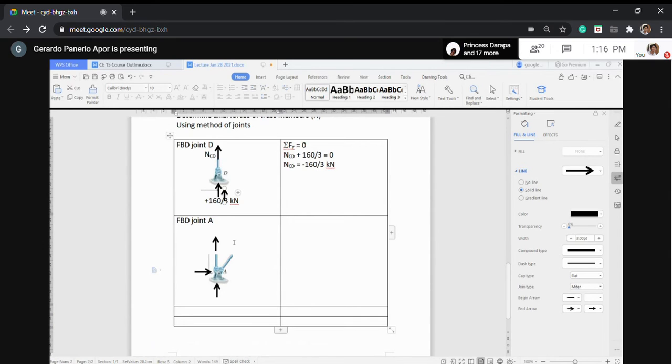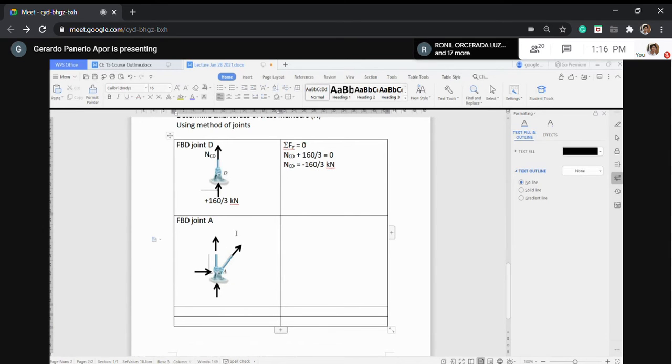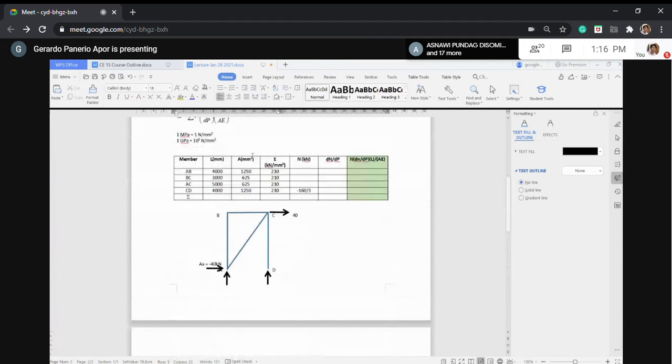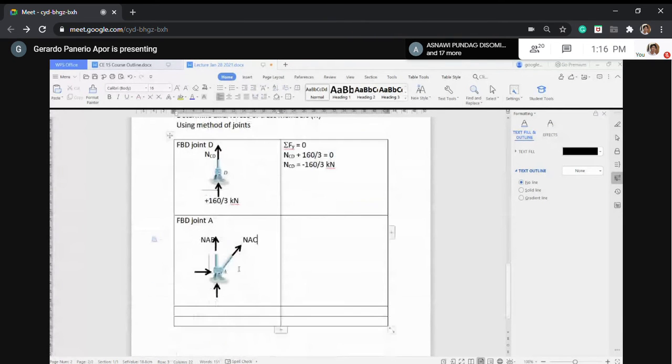Then paste the axial forces. All going away, we assume them positive. So this is N_AB and this is N_EC.